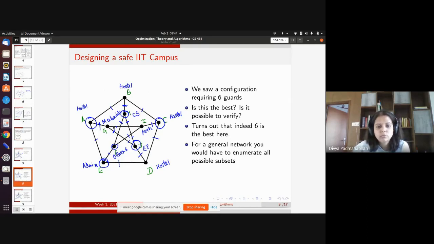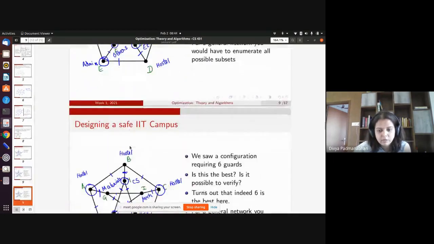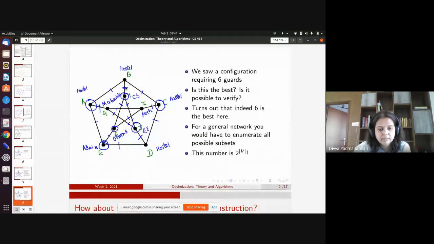Okay, so the number of subsets of the vertices here is 2 power v, right? If v is the number of vertices, so in this case there are 10 points. So A, B, C, D, E, and all these points. There are 10 of them, and out of these you want to look at all the subsets. Okay, so this value is 2 power 10 if you remember.